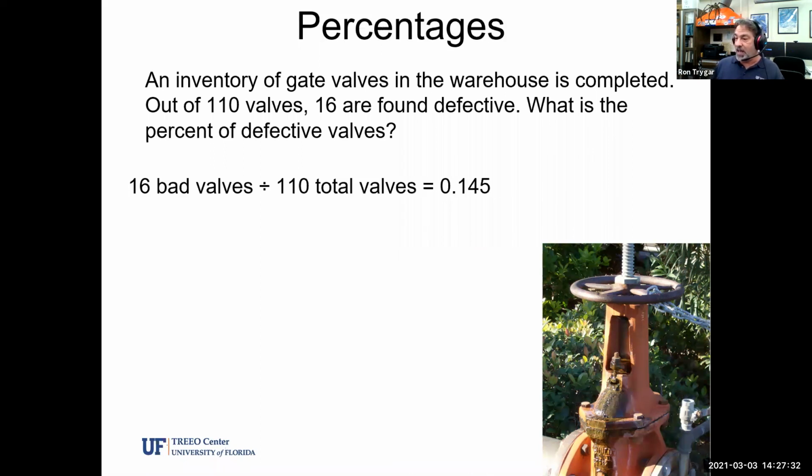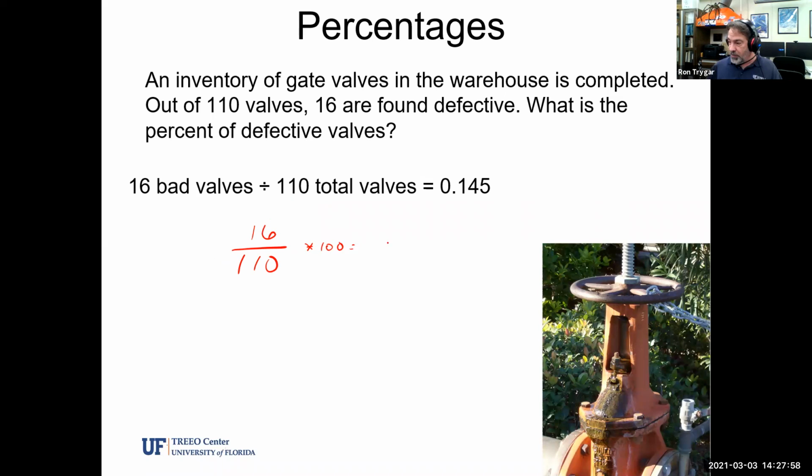So 16 bad valves divided by the 110 total. So the 110 is the value that we know we have, and then we're going to divide the 16 by it. So 16 divided by 110. And then we're going to multiply this by 100 to get the decimal point in the right spot. So 16 divided by 110 times 100.